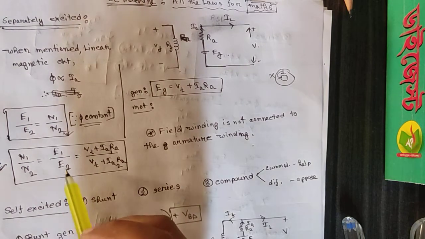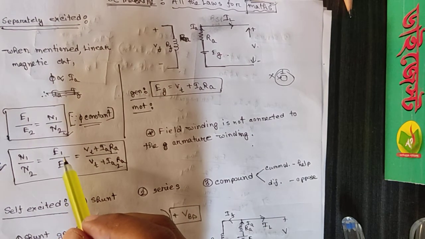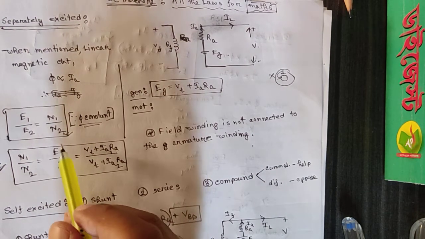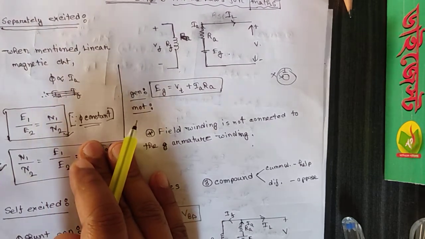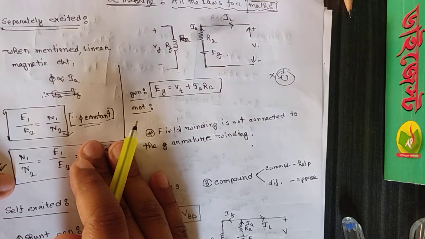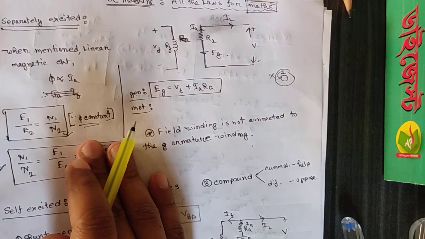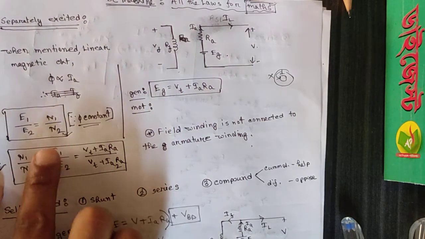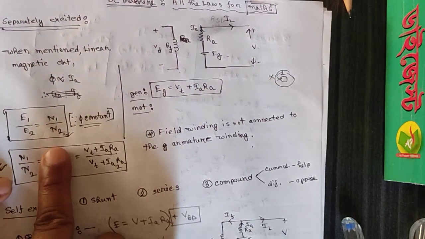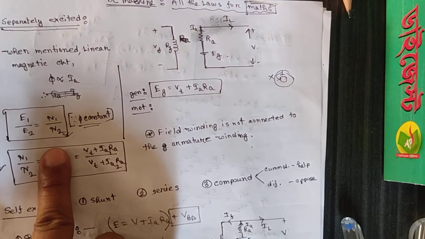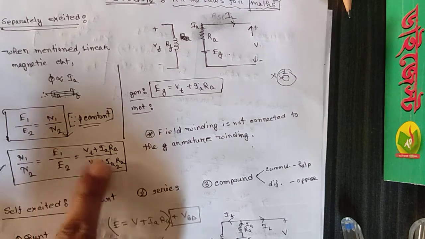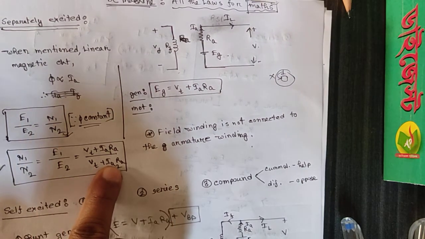So if the value of induced EMF is given, we can find N1 or N2 from this side. If only terminal voltage is given, we can use N1 by N2 equals Vt minus Ia1 Ra divided by Vt minus Ia2 Ra. Ra is the armature resistance.